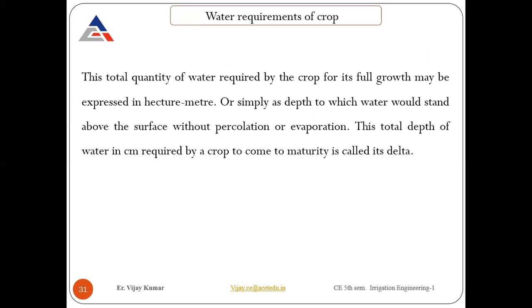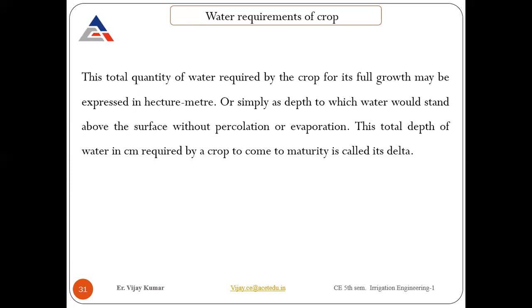Here the quantity of water required for a crop for its growth may be expressed in hectare meter also, or simply as the depth to which water would stand above the surface without percolation. Basically, the meaning is that if somebody says 60 centimeter depth of water is required, how are you going to measure it?